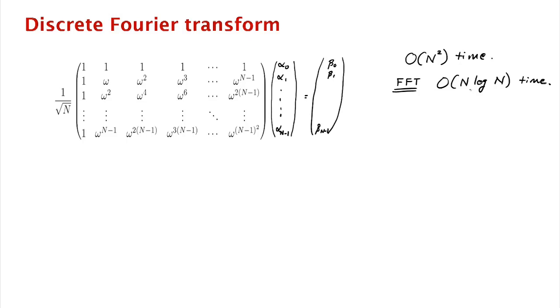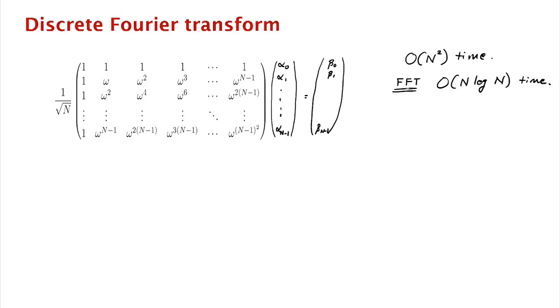This improvement from N squared to nearly linear time is basically the algorithm behind digital signal processing. It's the algorithm used in your iPod, in almost every form of digital music and video today. So it would be hard to imagine the modern world without the FFT algorithm.